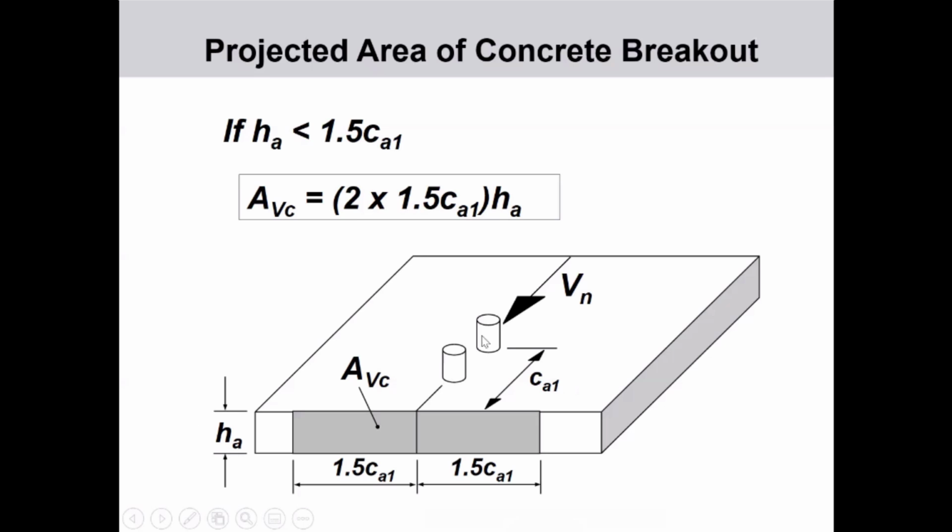And the back anchor fails under the total shear applied to the group. Now the edge distance is C sub A1, this larger edge distance. So what breaks out is this 1.5 times the larger distance, 1.5 times the larger distance. So A sub B now is 2 times 1.5 the edge distance to the back anchor multiplied by the thickness of the concrete.